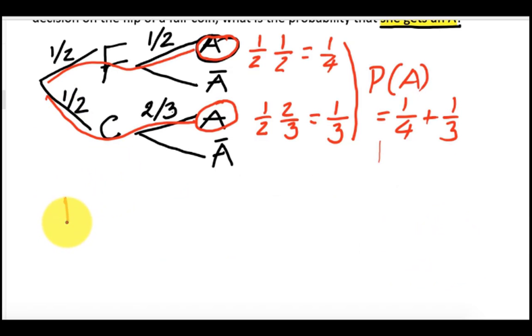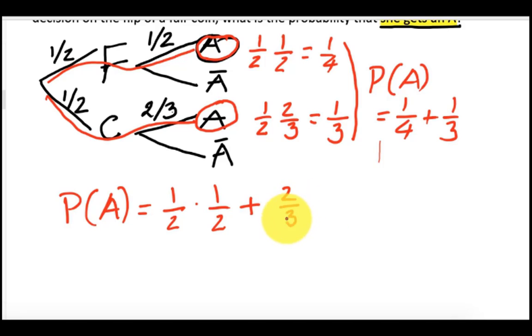You see that the probability of A is in fact 1/2 times 1/2 plus 2/3 times 1/2.